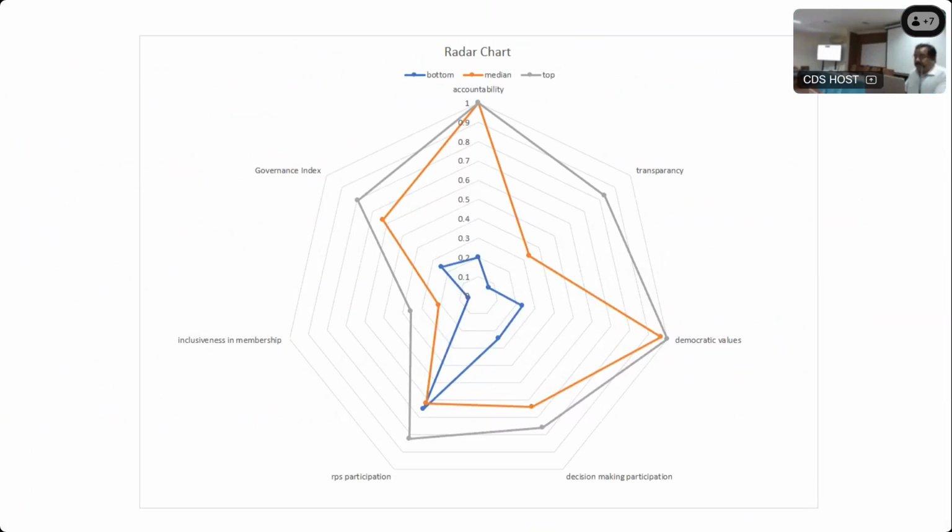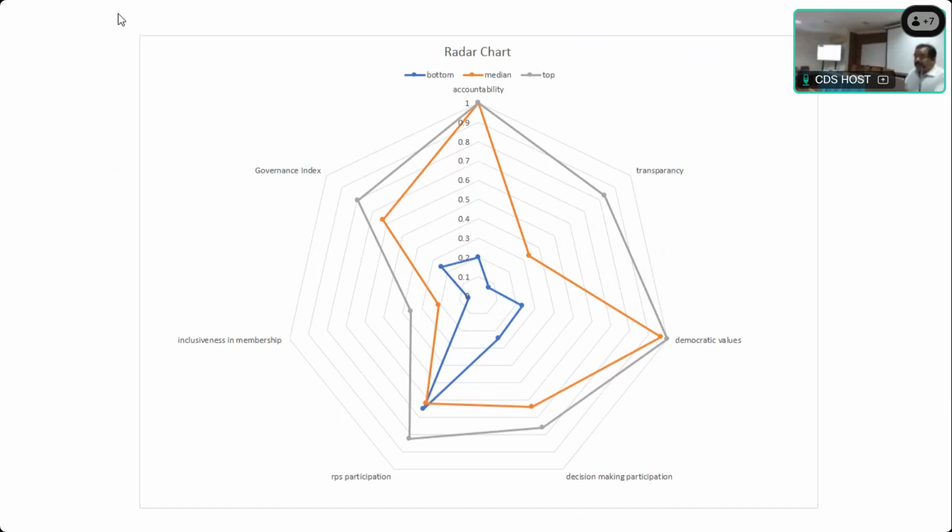As you can see, we have marked 3: the top, the median, and the lowest one. If you were achieving 1, it would mean that in that particular indicator, you are the best, and you have achieved the best possible. Right?